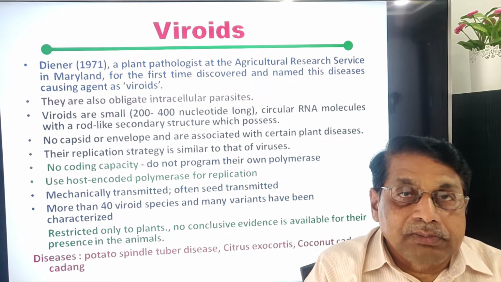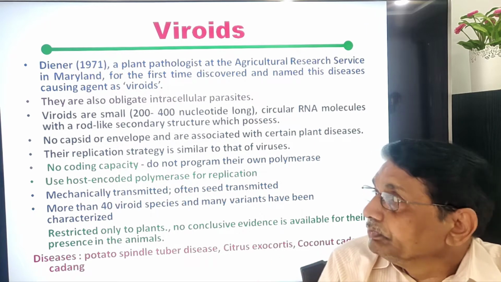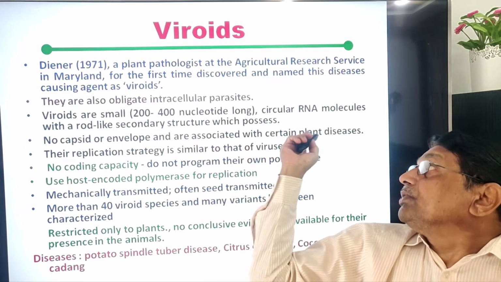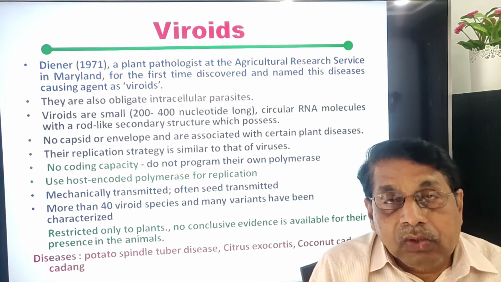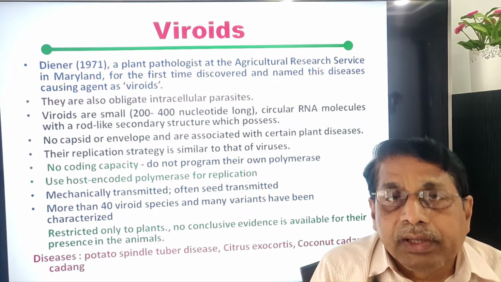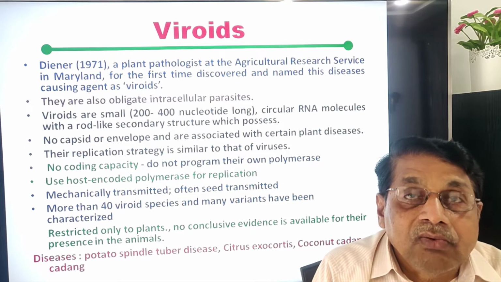Viruses contain capsid, but viroids have no capsid, no proteins, no envelope, and are associated with certain plant diseases. Now we know a large number of diseases caused by viroids. Earlier they were thought to be caused by viruses.